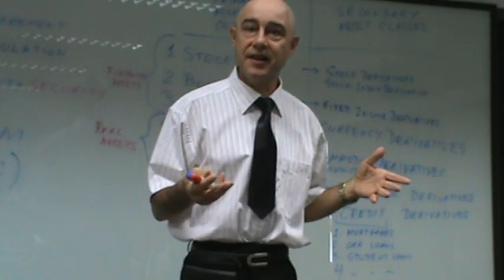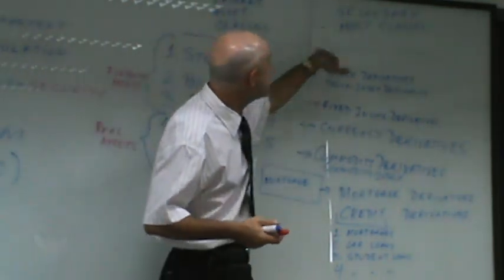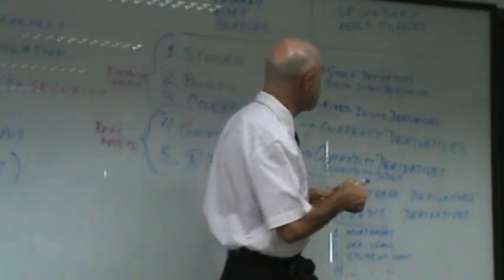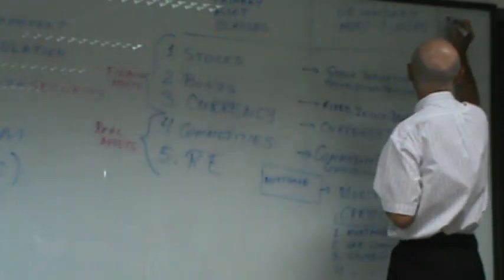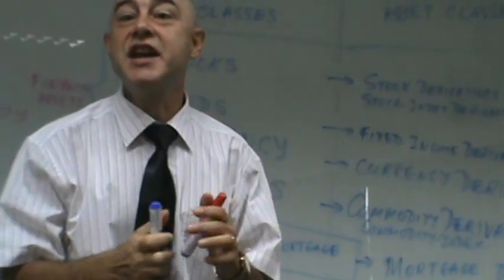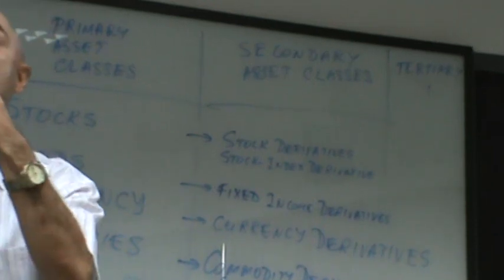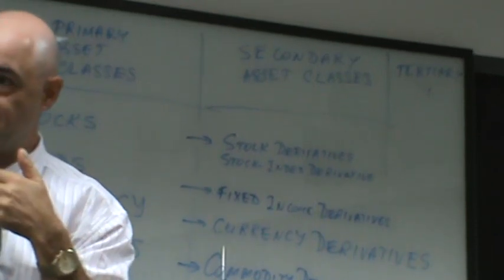And finally, it's important to understand these are called secondary asset classes. I don't have the time, but we call it tertiary. Tertiary means it will be a derivative on the derivative itself.